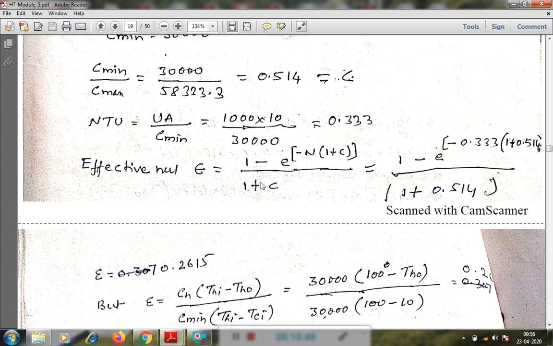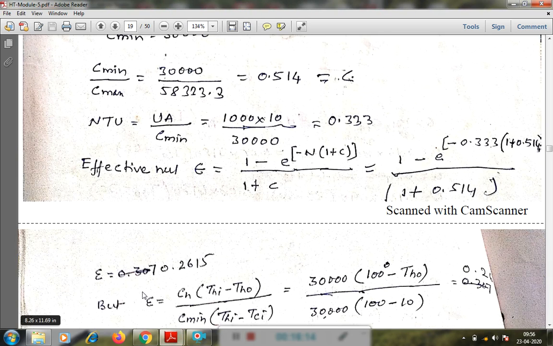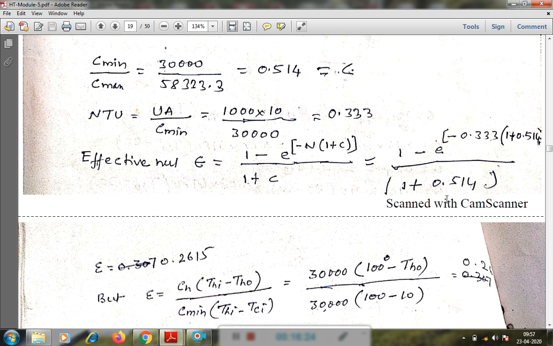Effectiveness is equal to, this equation we can have from the data handbook, or you can remember it: 1 minus e raised to minus N into 1 plus C, by 1 plus C. Already we have derived this. Then we substitute all the terms: N is 0.333, 1 plus 0.514 by 1 plus 0.514.